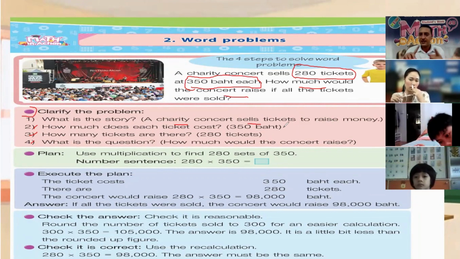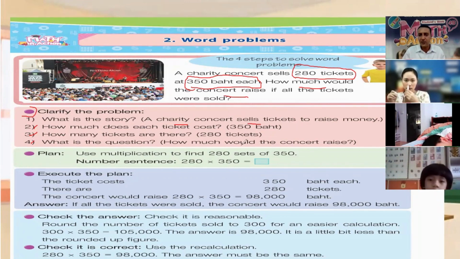The story is about a charity concert that sells tickets to raise money, each ticket costs 350 baht, and they have a total of 280 tickets. We have to find how much the concert would raise. So now we are going to make the plan.